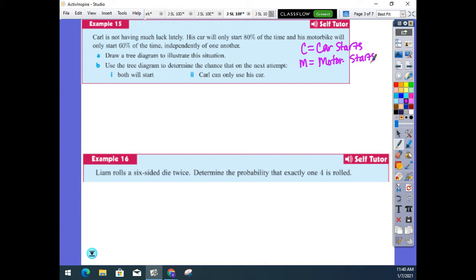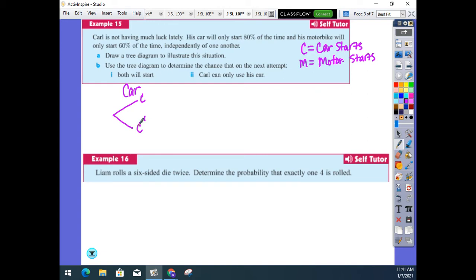The first thing we want to do is look at the car. The car either starts, so we'll call this car starts, and car does not start, not C.